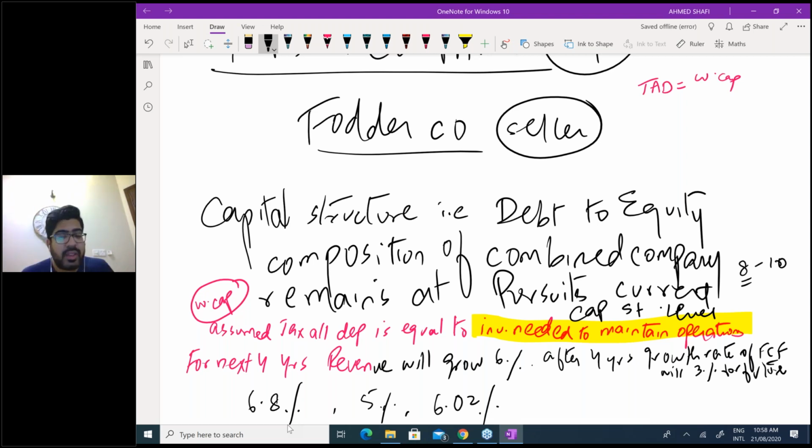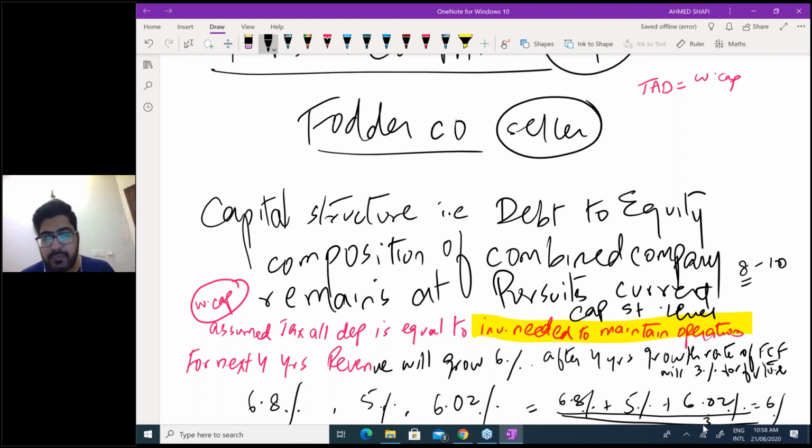Since the 3-year rates are different, you can just average them. If you add them all and divide by 3, you will get approximately 6%. So then you can use that formula as well, no problem in that.